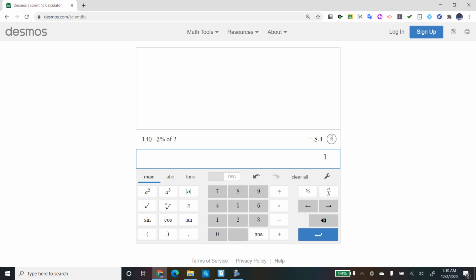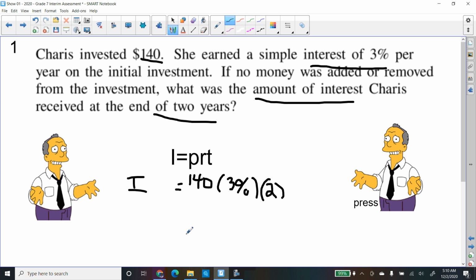There's a 0 that the calculator should put, but it doesn't have to, to save memory. So we're going to get $8.40 as our interest.